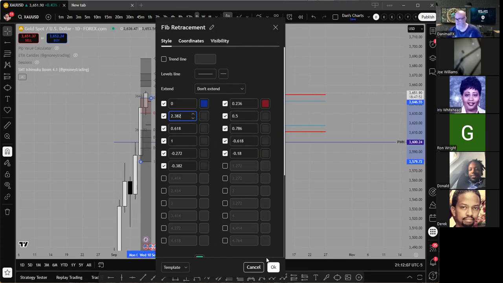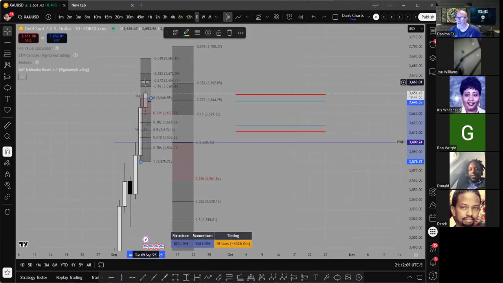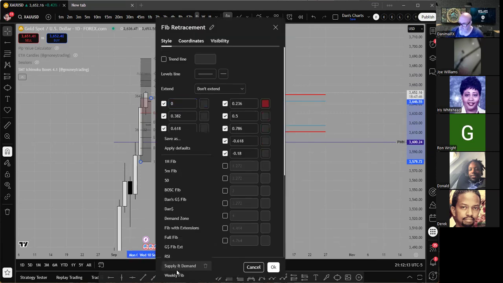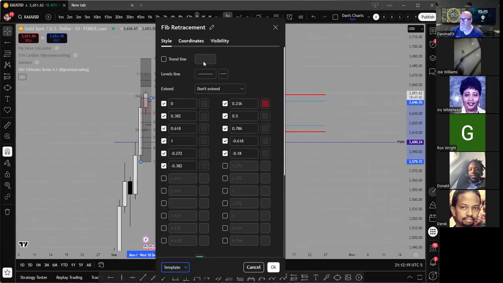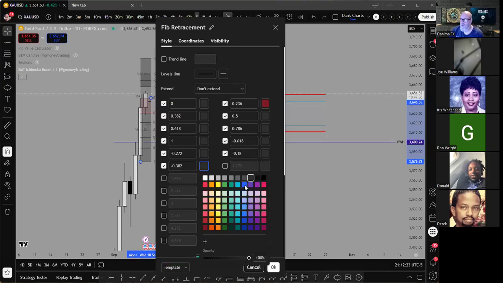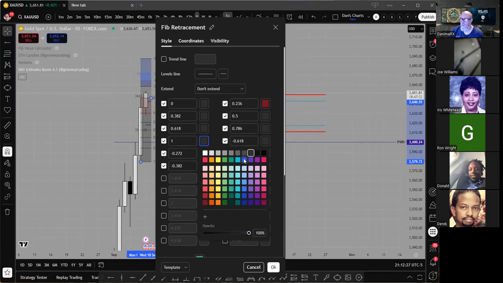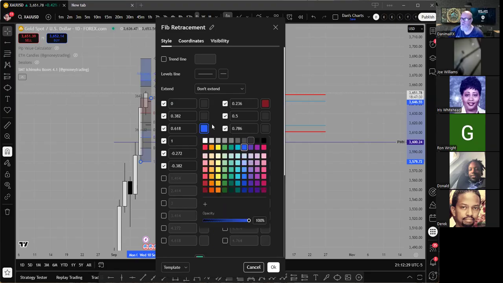Oh, cancel that. But I have a bullish candlestick here somewhere, template. Maybe you don't. Blue, blue, blue. You can just change them all.